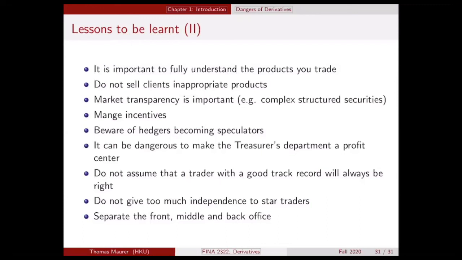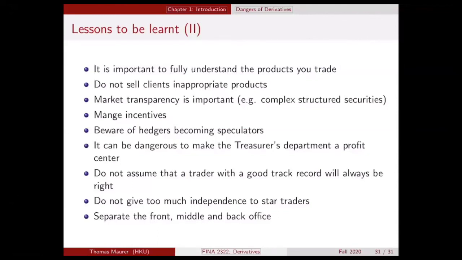Well, then you give an incentive to that trader to not just hedge risks, but to actually start speculating, right? Because if he speculates, he may make a lot of money and get his huge bonus. If he just hedges risks, then he just gets his standard salary. So it's basically a bad idea to give wrong incentives to that trader, because you're tempting him to do something which he's not supposed to do.